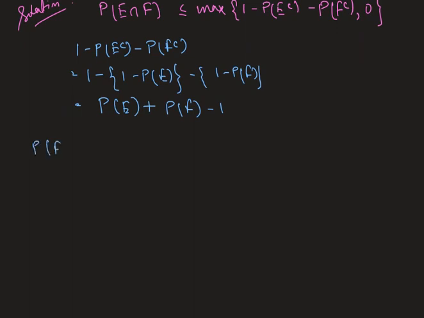Now probability of E union F is equals to probability of E plus probability of F minus probability of E intersection F.